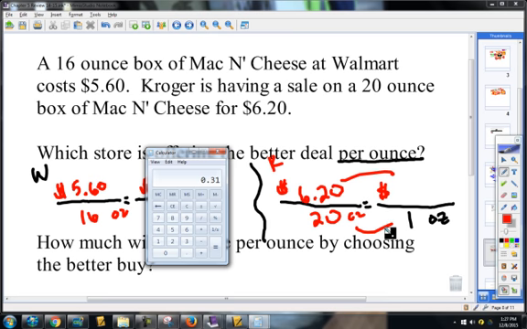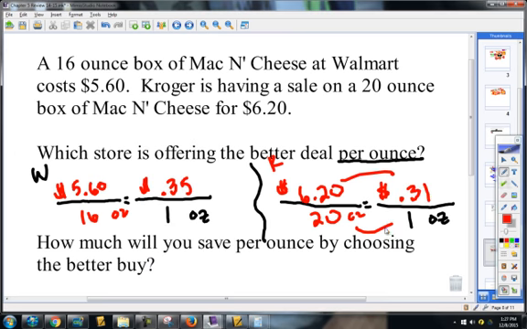It's going to be 31 cents. Okay, so based on that alone, I think it's pretty easy to see which is the better deal. Kroger is technically, you're spending less per ounce at Kroger than you would at Walmart. So you would want to buy the one from Kroger, obviously.